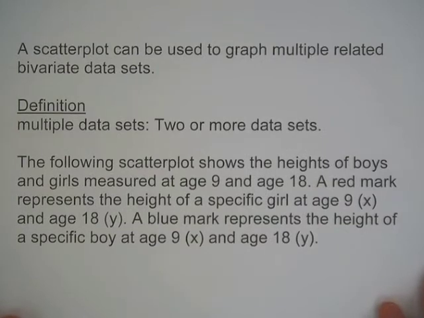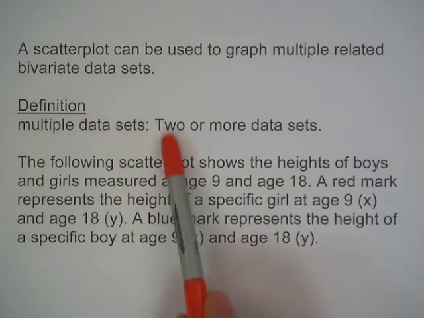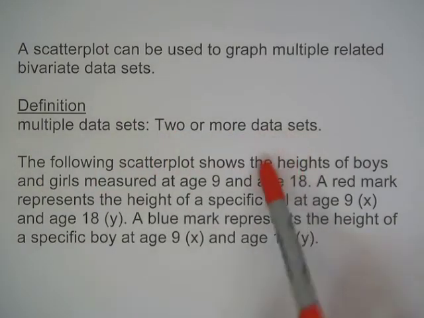Now, a scatter plot can be used to graph multiple related bivariate data sets. Multiple data sets just means 2 or more data sets. The following scatter plot shows the heights of boys and girls measured at age 9 and age 18. A red mark represents the height of a specific girl at age 9, which is the X, and age 18 as the Y. A blue mark represents the height of a specific boy at age 9 and at age 18.